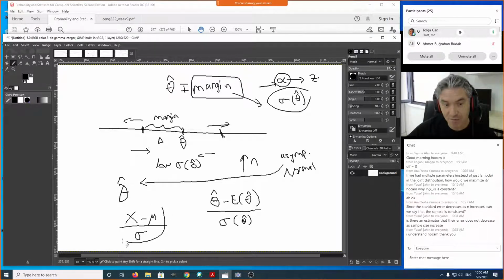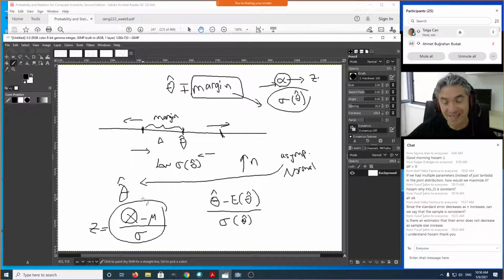This is the way we were standardizing, making it standard normal. If you move it mu units to the left and divide by the standard deviation, this becomes a standard normal variable.